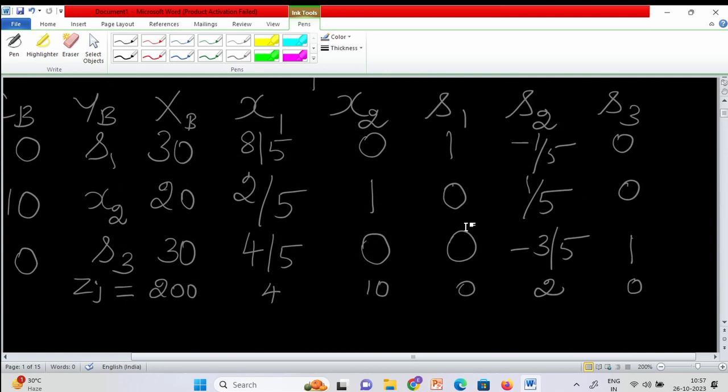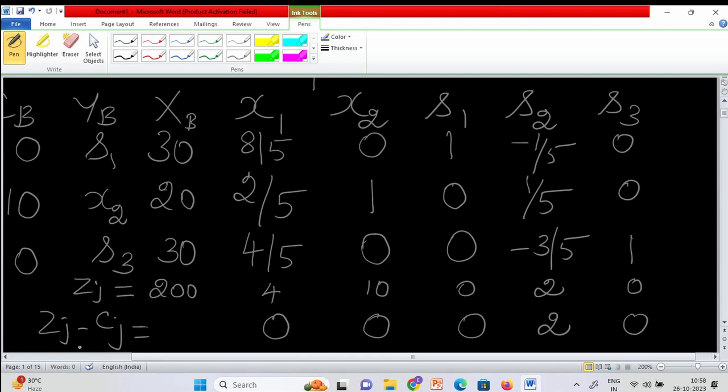Next we have to calculate the value of Zj minus Cj. Here the Cj values are 4, 10, 0, 0, 0. So 4 minus 4 is 0, 10 minus 10 is 0, here it is 0, here 2, 0.